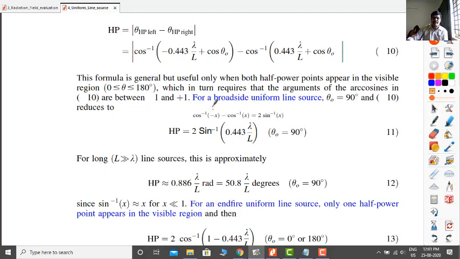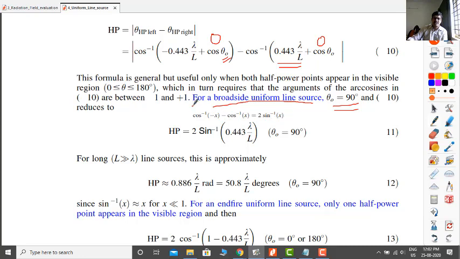Therefore, for a broadside uniform line source, theta is 90 degree. Now you substitute theta equals 90 degree here. Cos 90 becomes 0, and here also this term becomes 0. So only cos inverse of this minus cos inverse of this portion alone will remain. There is a formula: cos inverse of minus x minus cos inverse of x equals 2 sine inverse of x.